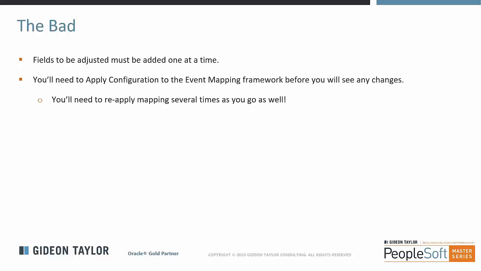Then I applied the configuration, logged in as my test user, and checked my work. And then I continued. If you then make subsequent changes after you click Apply Configuration, you're going to have to click Apply Configuration again so that you can pick up any new events, or field events based on the new fields that you added to your configuration.